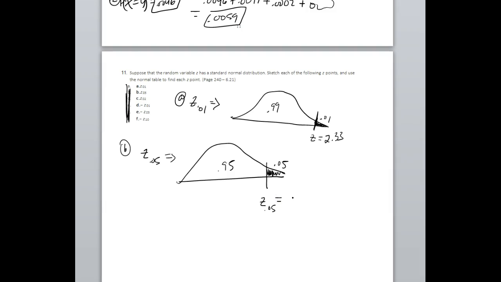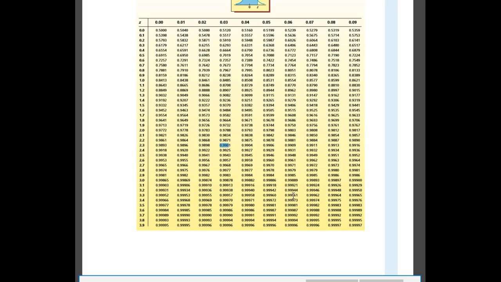We want 0.05 of probability on the right-hand side, or conversely 0.95 of the probability on the left-hand side. In the same way that we looked for that 0.99, now we look for 0.95. I'm looking here at 1.6-ish, all the way over, we've got a 0.9505, and so that's the one we'll use, I guess.